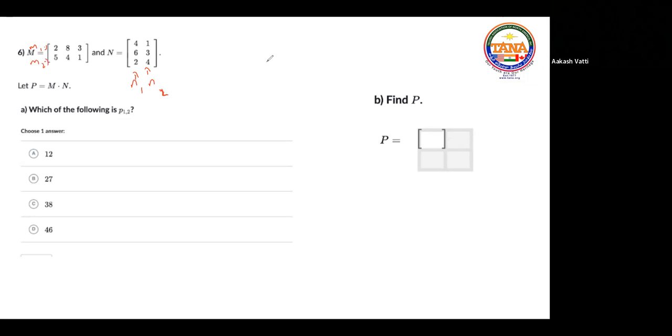So the simplest way of writing this without actually solving it would be to get each of these: M1 times N1, and then M1 times N2, M2 times N1, M2 times N2.